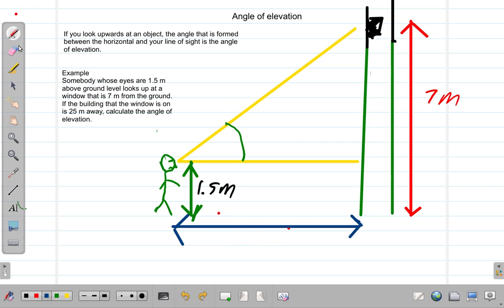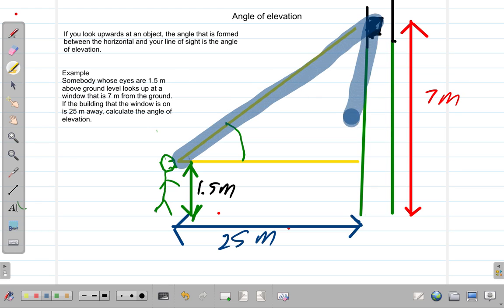It's 25 meters away. Now, what is the angle of elevation? We're going to form a triangle. The triangle that you're going to form is really this triangle here.